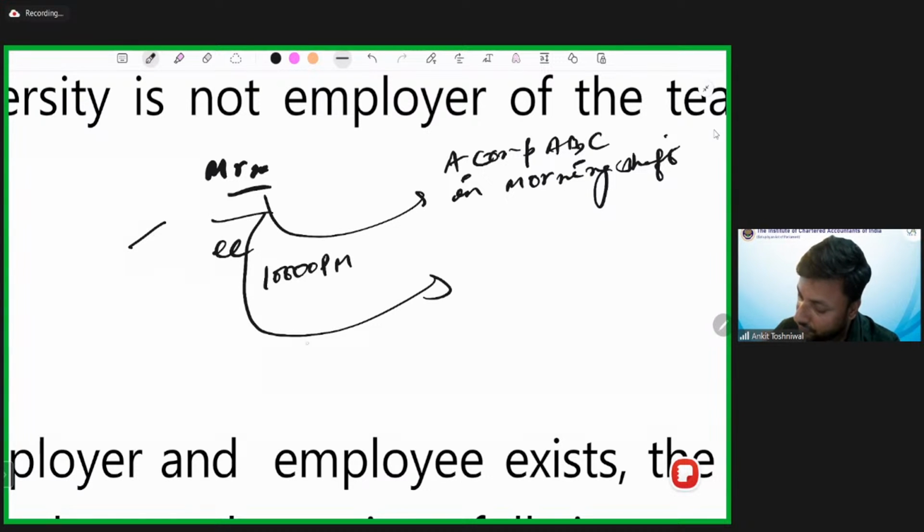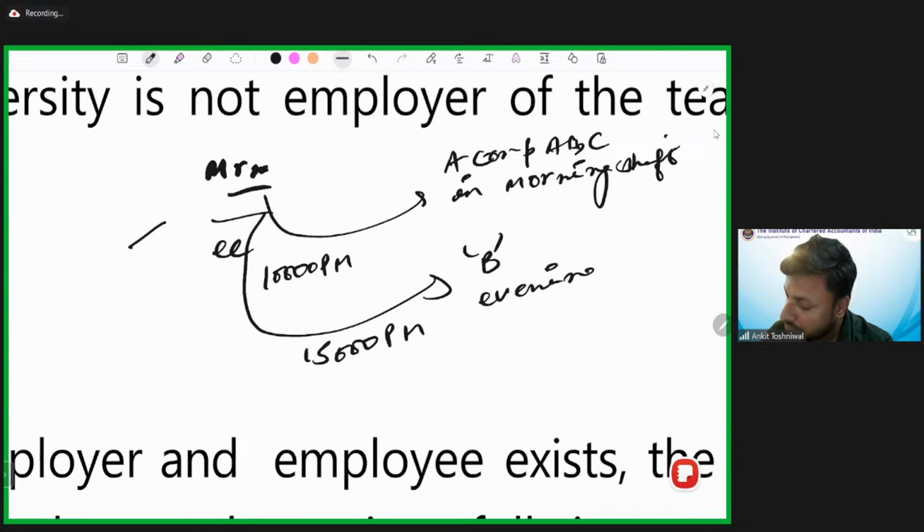He also receives 15,000 per month from company B, in the evening shift. Which salary is taxable under the head salary?